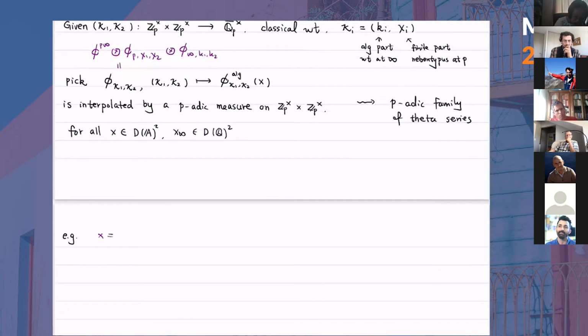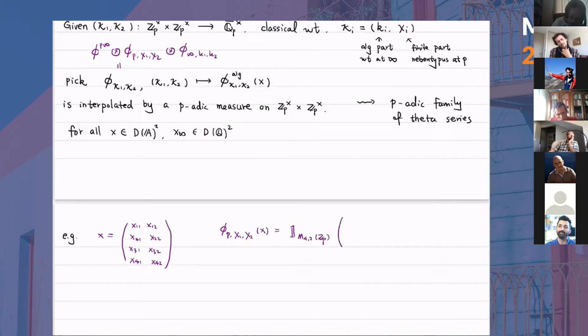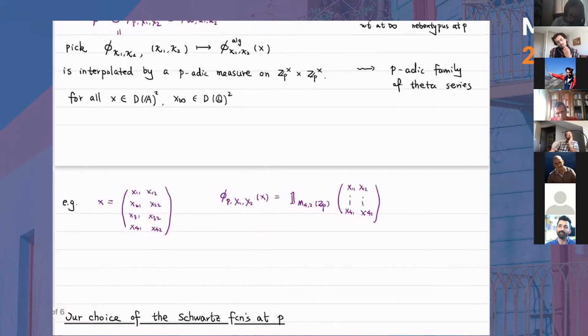If I write x in coordinates, as 4 by 2 matrices, a very easy choice is this: I want the section at p to be supported on the integral points, and I want x11 and x22 to be supported on Z_p^×.